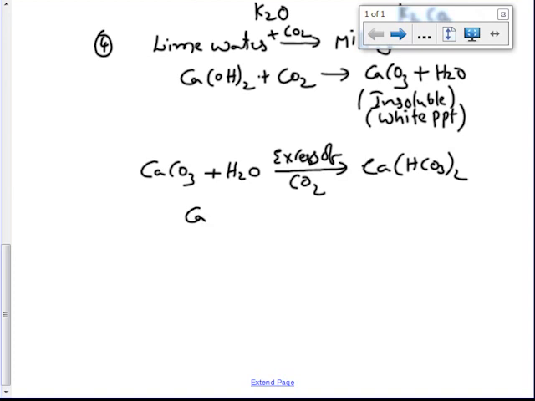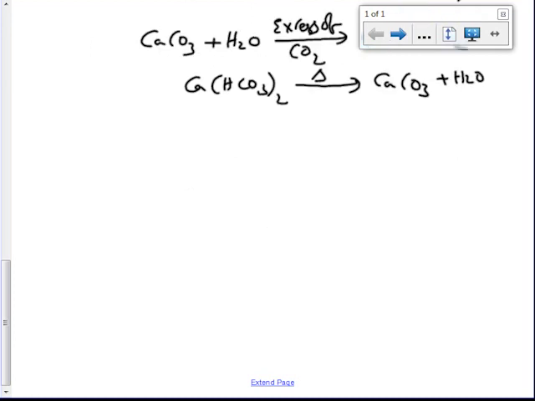That calcium bicarbonate on heating becomes calcium carbonate again, an insoluble compound. And the most familiar reaction for us: how do plants prepare food? By the photosynthesis reaction.